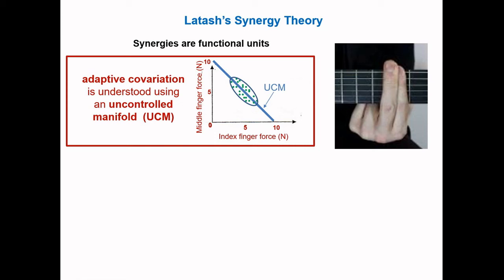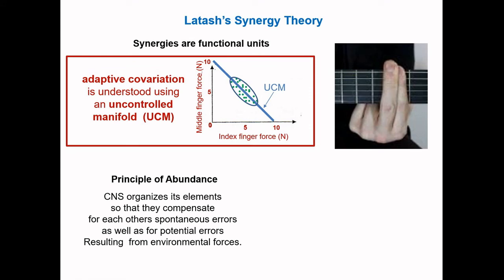In this case, we might expect the middle finger to take on a greater contribution. Latash refers to this type of functional organization with the principle of abundance. The principle of abundance proposes that the central nervous system organizes its elements such that they all compensate for each other's spontaneous errors, as well as for the potential errors that may result from unpredictable forces acting from the environment.